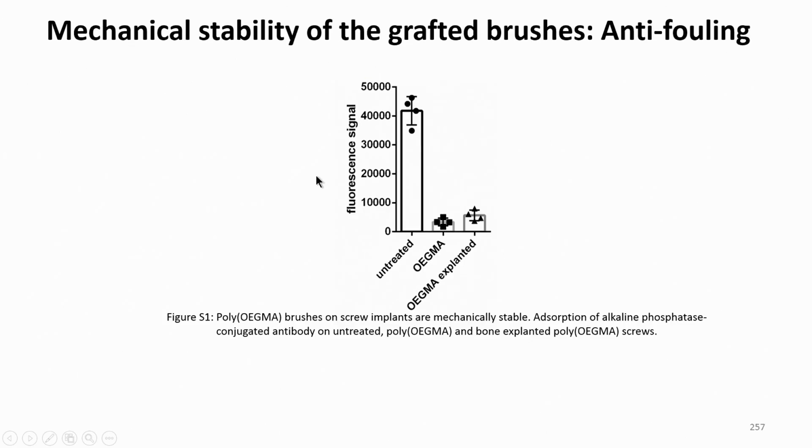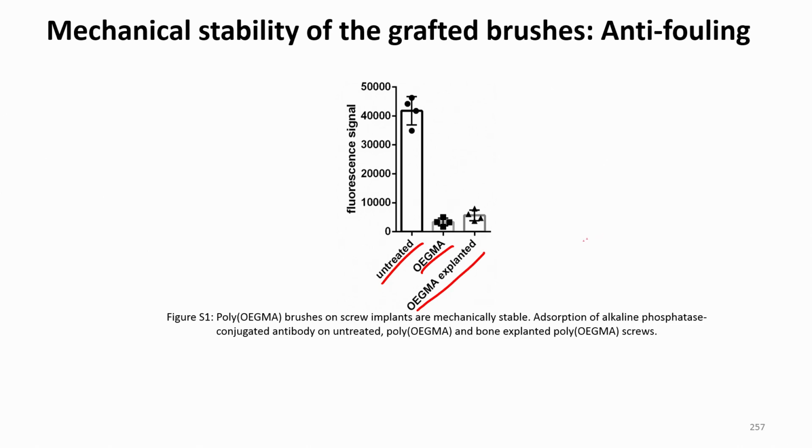Because it is going to be used for bone, let us say bone screws and bone metals, there is going to be a lot of mechanical stress on it. So, they tested whether these coatings survive this. They used untreated surfaces and the oigma surfaces, and also a surface which they implanted in a cadaver and then explanted, to mimic the mechanical forces that this surgery will cause on these metals.